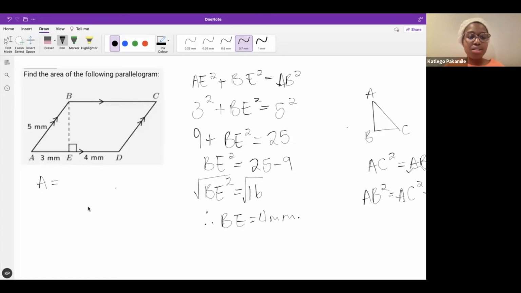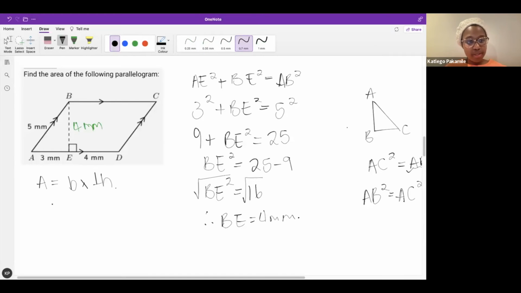What is the formula for area of a parallelogram? I know we wrote it up there somewhere. There we go. Base times perpendicular height. That we just found now is 4 millimeters.